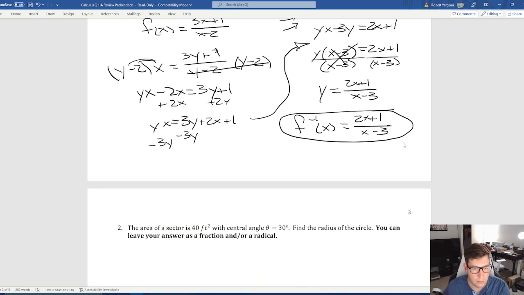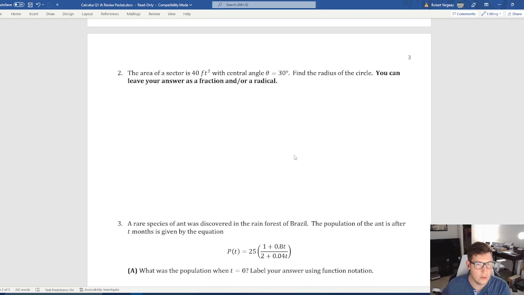All right, moving on. So number 2, we are changing it up slightly, and we're now using the area of a sector. Right away, the first thing we're going to do is name it: area of a sector is equal to 1/2 theta r squared. The only thing we have to remember is that this is true where theta is in radians.